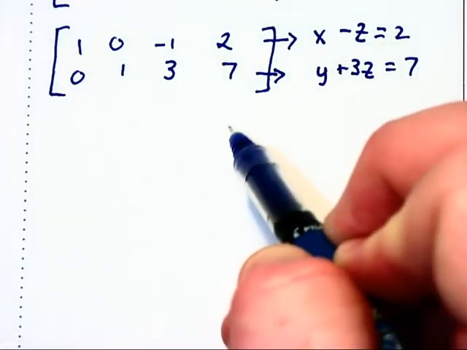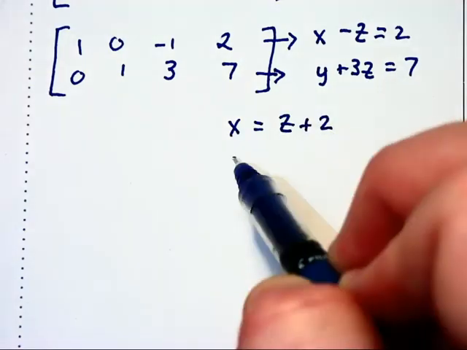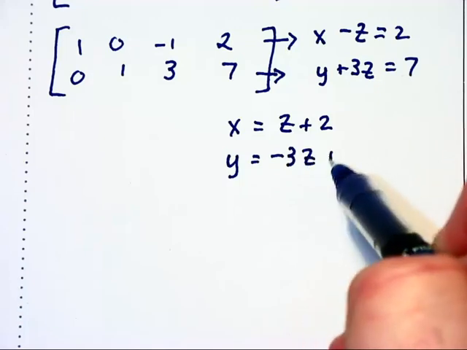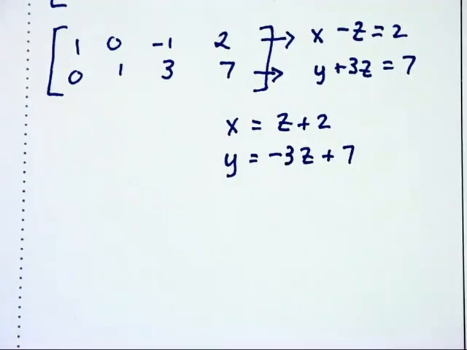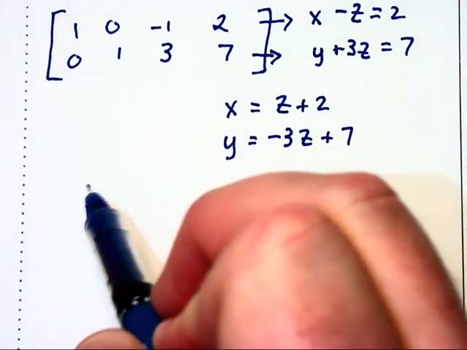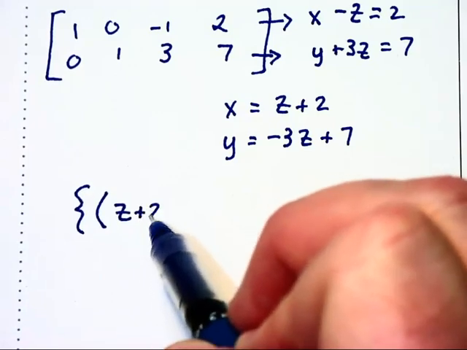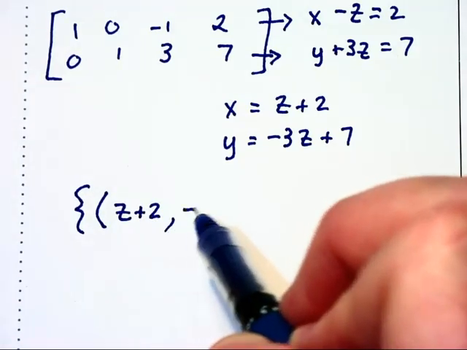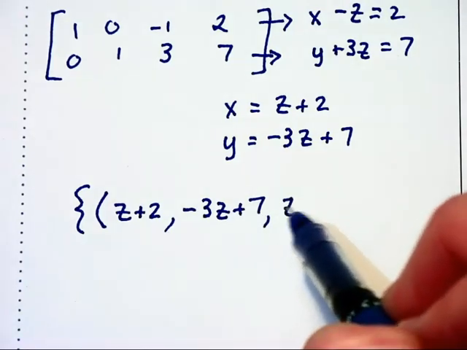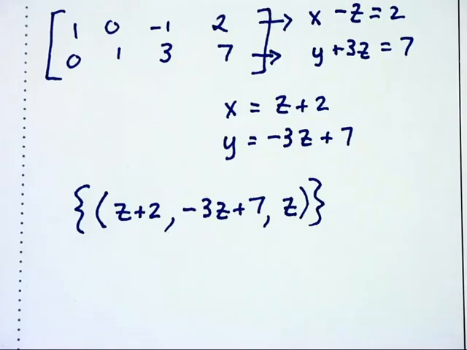I can rewrite the first equation as x equals z plus 2, and the second equation as y equals -3z plus 7. So I'm going to choose to write this in a parameterized form as the set of points where x is going to be the z plus 2, y is going to be the -3z plus 7, and z will represent itself where z is any real number.